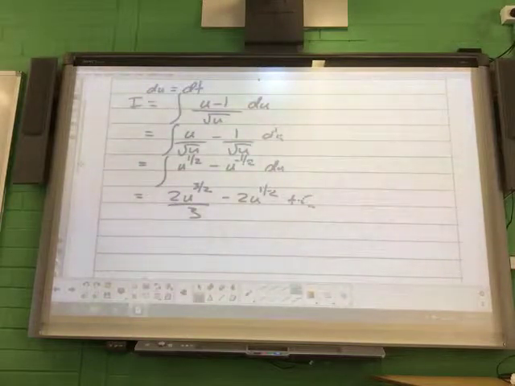It makes sense, but you wouldn't think to get that. You wouldn't think to get u to the power of a half from u over root u, because root u is u to the power of a half.